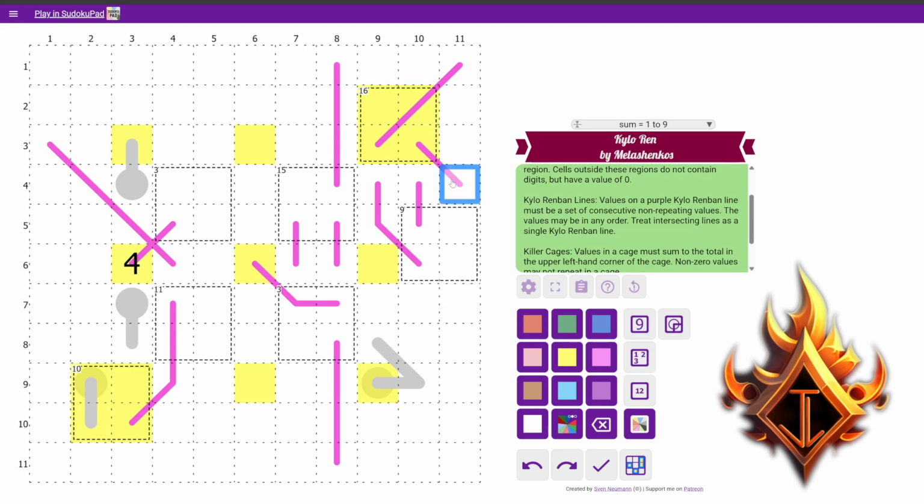This one could be... Both of these cannot be 0. Both of them could be digits, though. This one could grab that. Both of these cannot be 0 either.